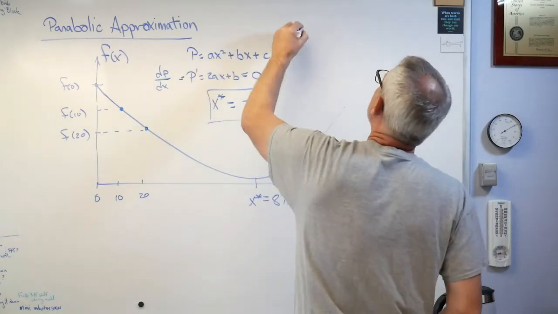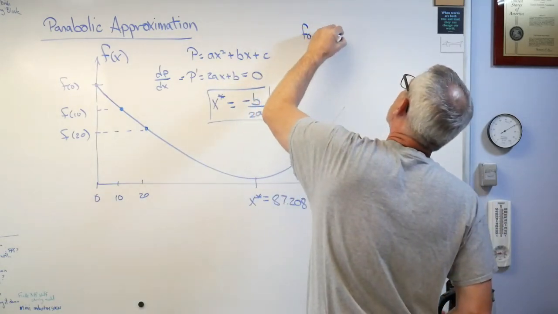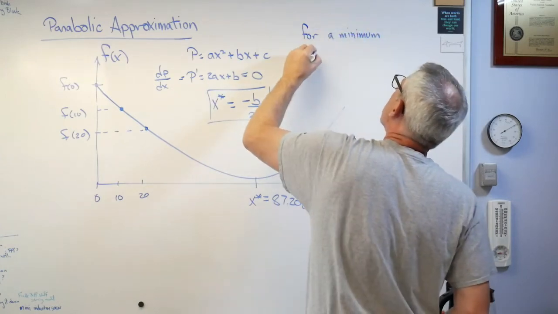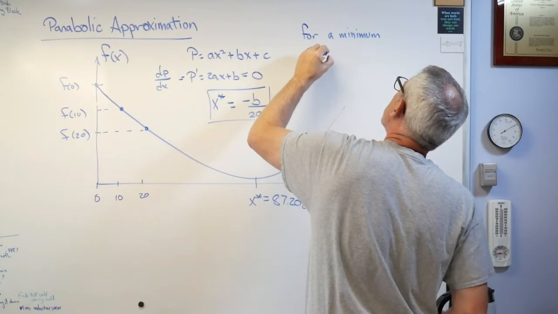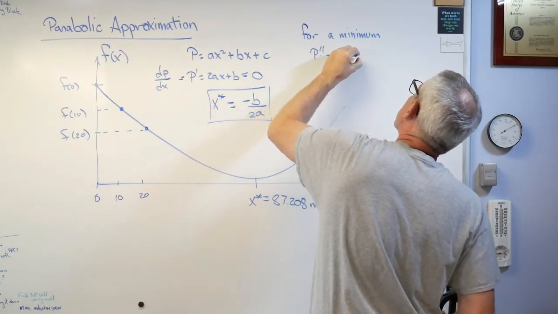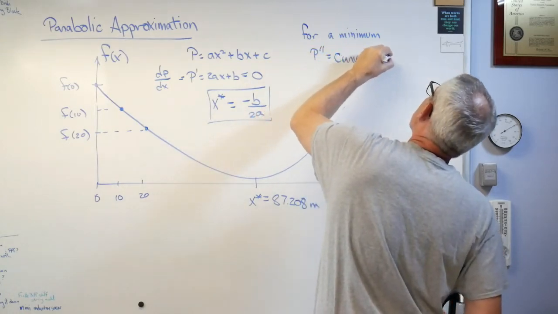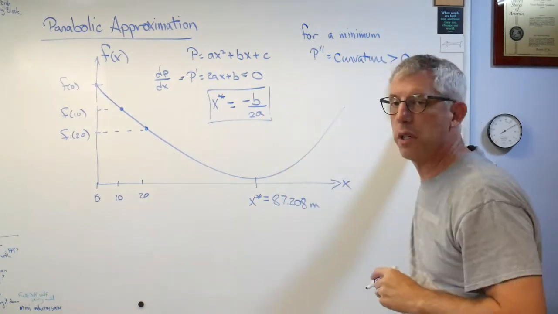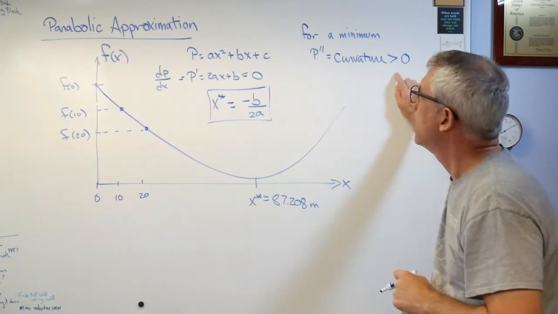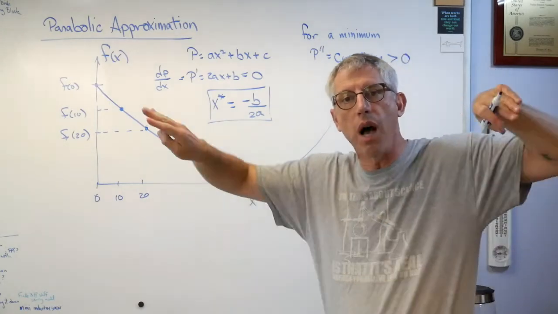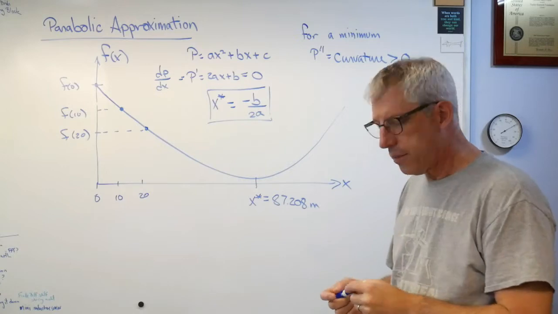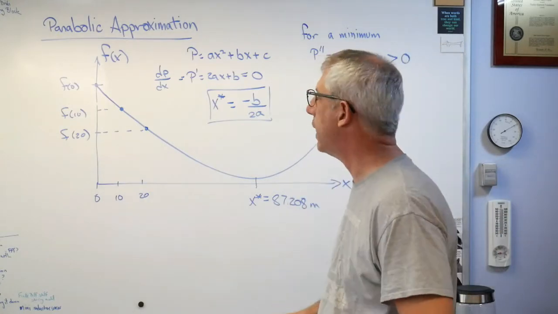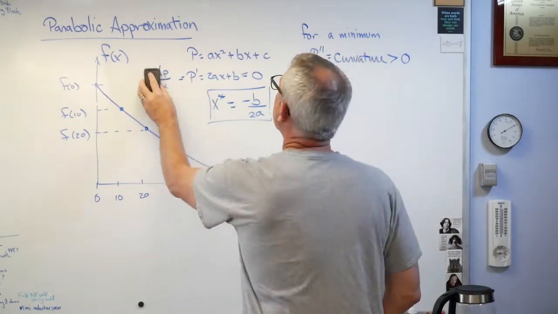For a minimum, p double prime, which is the curvature, has to be greater than 0. It has to be positive. Positive curvature means the curve goes up like this. Now, I'm going to draw probably the silliest thing I'm going to draw on the board, probably for the whole class, but you're going to remember it.